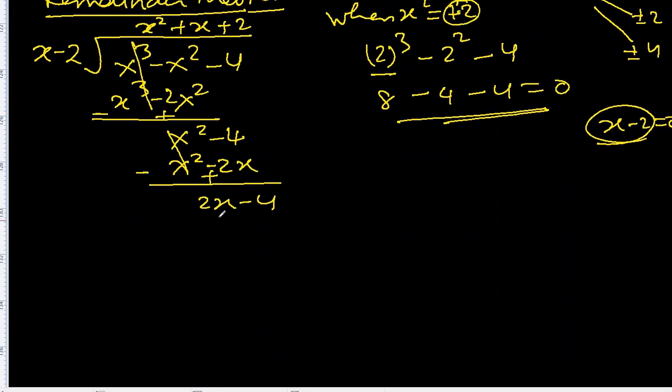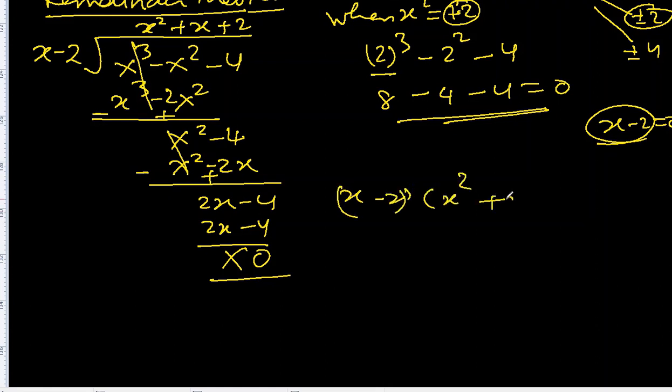So that will become 2x minus 4. See, by getting plus 2 as a root, we got x minus 2 as a factor, and the remainder is 0 here. So confirmed. So the answer here will be x minus 2 times x square plus x plus 2 equal to 0. And this gives us the answer x equal to 2.